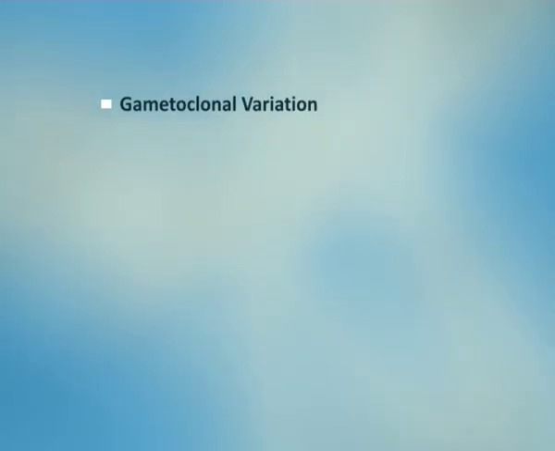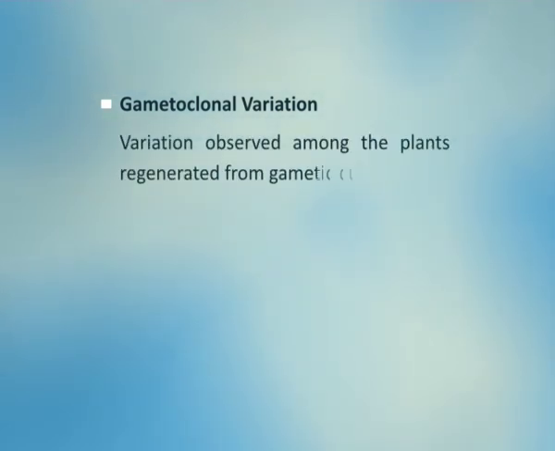Somaclonal variations can be divided into the following types based on the tissue from which variations originate. The first type of variation is gametoclonal variation or variations observed among the plants regenerated from gametic cultures.